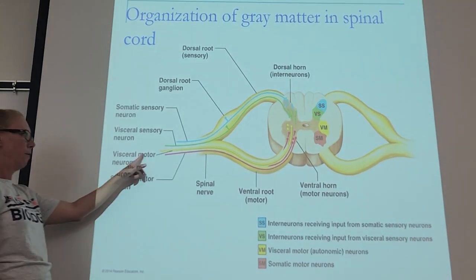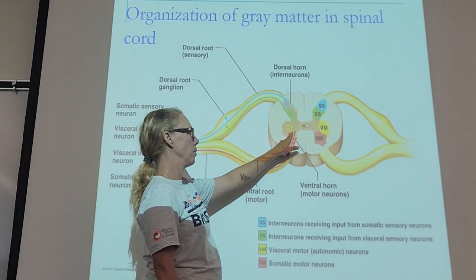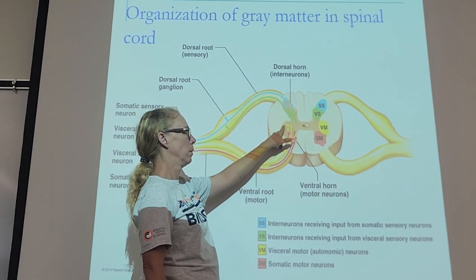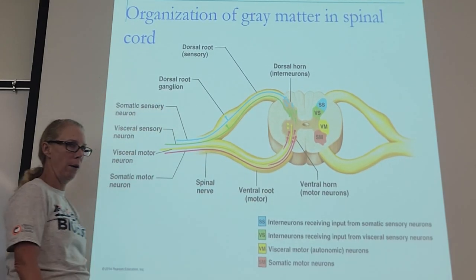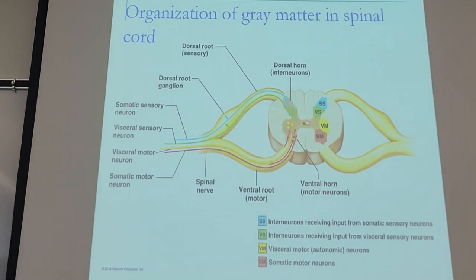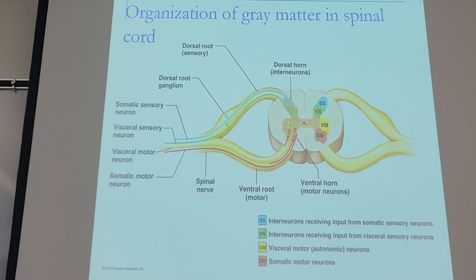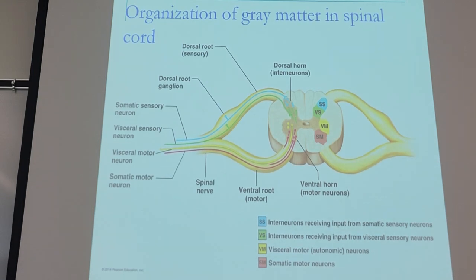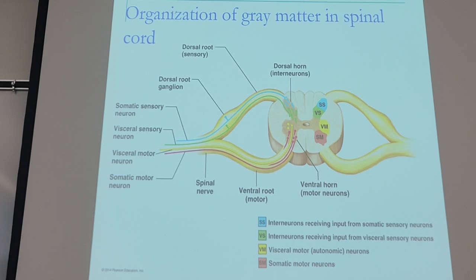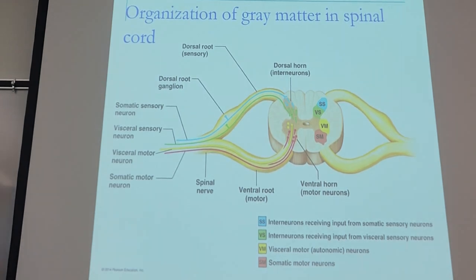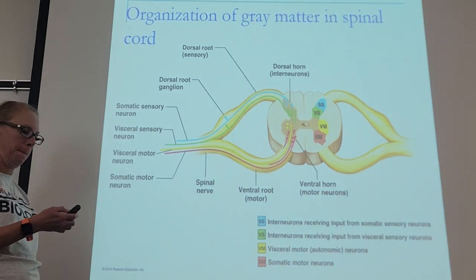Visceral motor neurons, you're going to find their cell bodies where? In the lateral horn of gray matter of the spinal cord. So that's why we have different horns in the spinal cord. Different structures are located in the different horns. Posterior horn is purely sensory. Lateral horn handles visceral motor neurons. Anterior horn, somatic motor neurons.